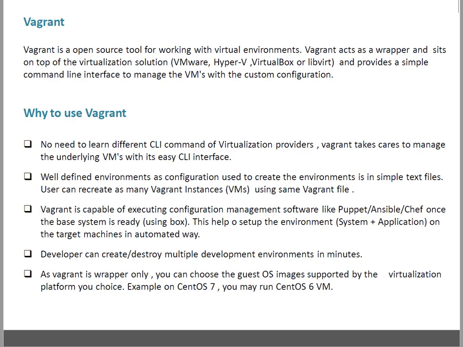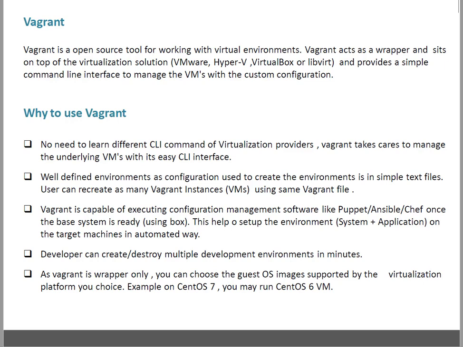In that case, you have to learn the command line interface of those virtualization providers, which is difficult. You can't learn different virtualization CLIs. Instead, you can use Vagrant. Vagrant has a very easy CLI, and with that it automatically takes care of the underlying virtualization CLI commands.